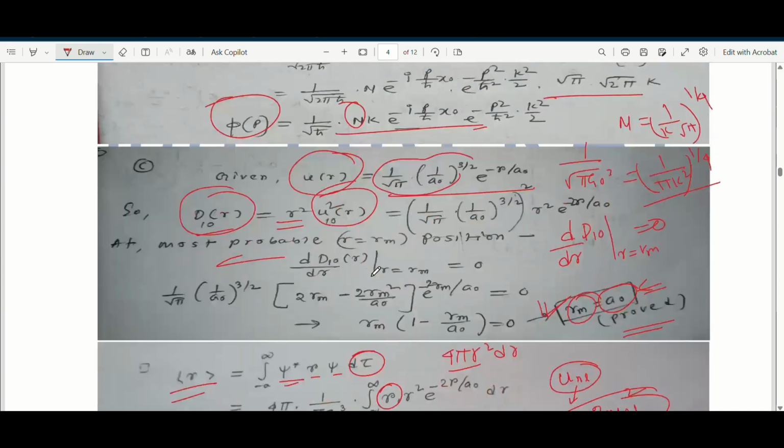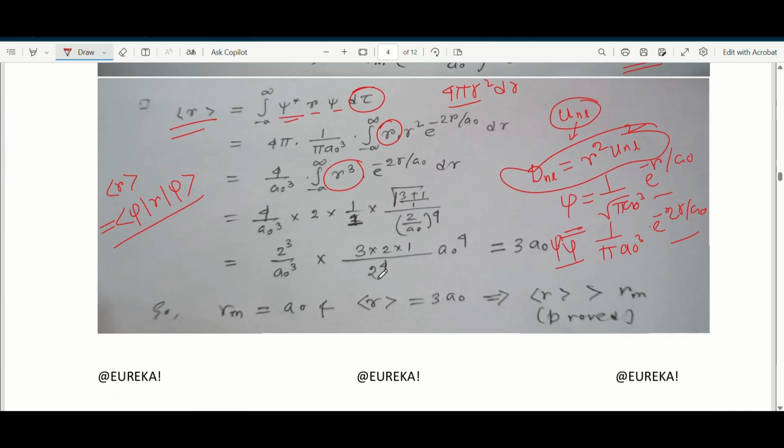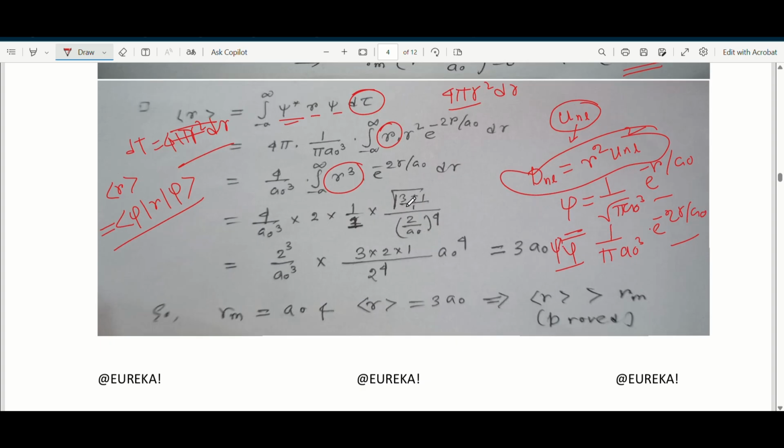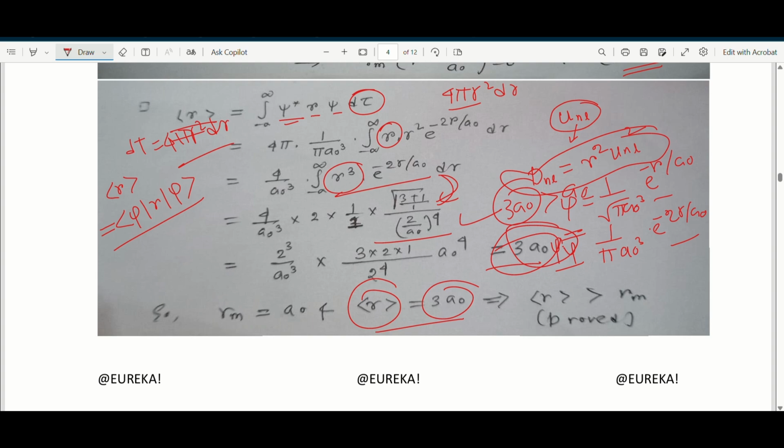So for the hydrogen atom we need to use d tau, which is nothing but 4 pi r square into dr. Using the same gamma function formula to arrive at this step, we get the expectation value of R in the ground state as 3 a naught, which is higher than a naught. So the expectation of R is higher than the most probable value.